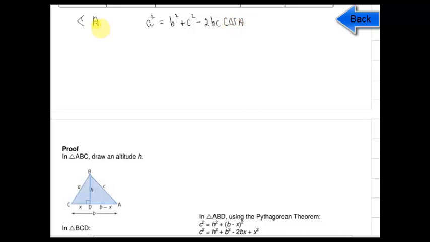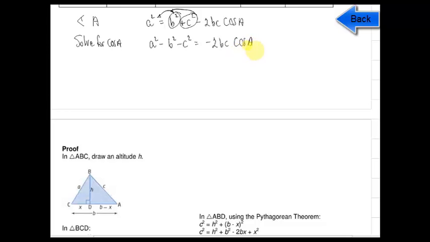And because you want angle A, you would want to solve for cos of A. Okay, so what I would do then, because I want to isolate this to start with, I would take my B squared and my C squared and I'd move them to the left. Okay, so I would get A squared minus B squared minus C squared equals negative 2BC cos of A.